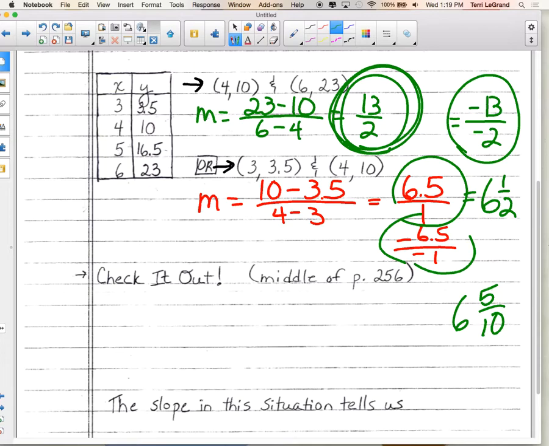And 6.5 is the same as 6 and a half: 2 times 6 is 12, plus 1 is 13. This is 13 halves. So 13 halves is most likely how that answer would be in the back of the book. Okay?